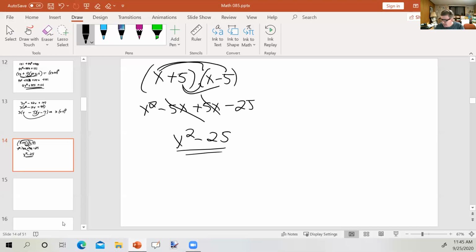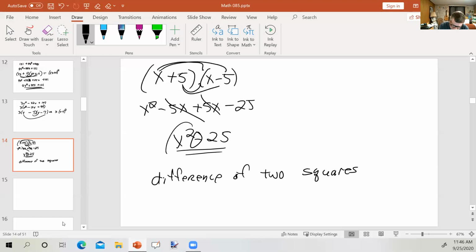And this answer is what we call the difference of two squares. Difference as in subtraction. Two as in there's a square up front and a square at the rear. So we're subtracting two squares. It's called the difference of two squares.